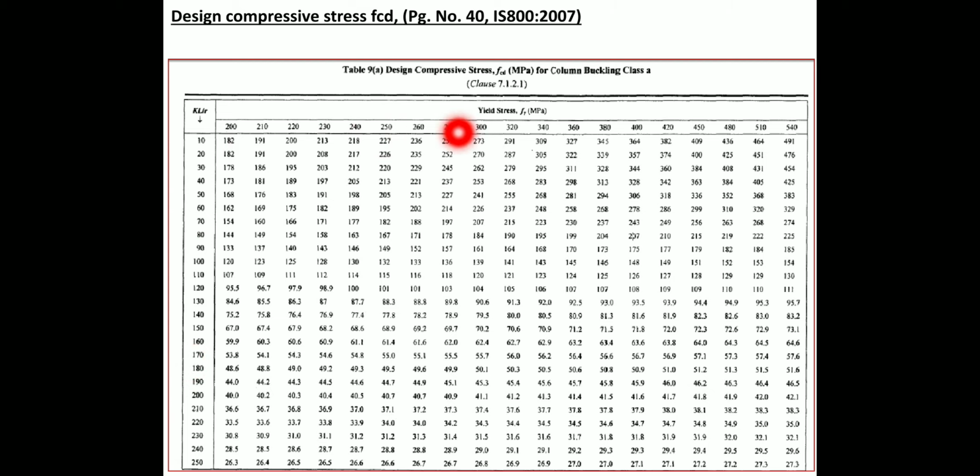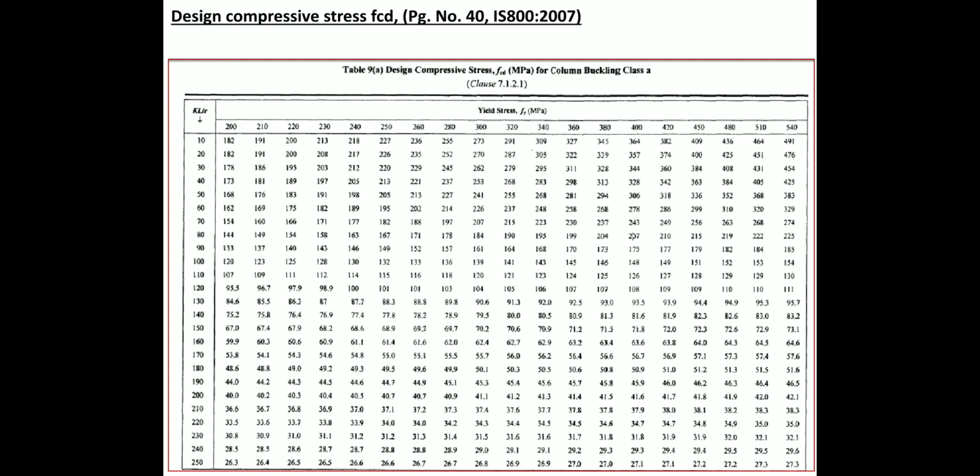The second parameter is yield stress Fy, with values ranging from 200 to 540, and commonly we take Fy equal to 250. As the effective slenderness ratio goes on increasing, the value decreases, so there is an inverse relationship between the effective slenderness ratio and the FCD.